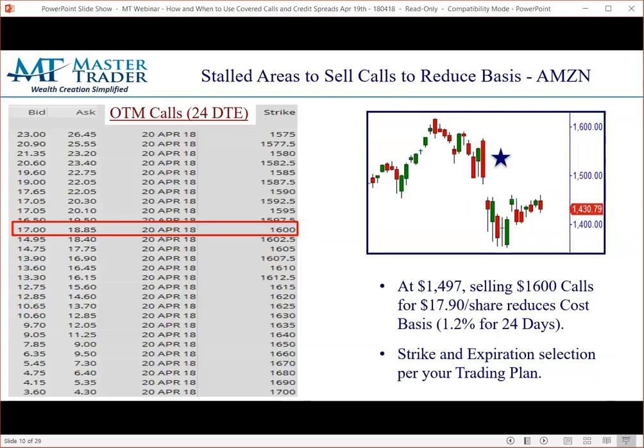And then you can look at these quotes here, and we teach you in our seminars, I can't do it now, or we'd be here 8 hours, how you determine which strike price to pick and what expiration to take. These should be per your trading plan, but we teach you how to do that.